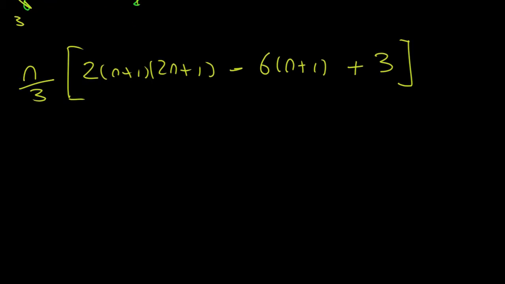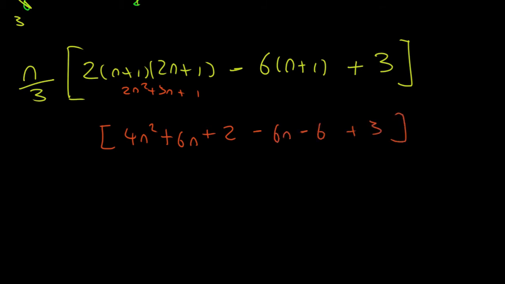So, what's this going to be? Well, we see this is going to be 2n squared plus 3n plus 1. I'm going to expand that out, right? And what I'm going to get is 4n squared plus 6n plus 2 minus 6n minus 6 plus 3. It's n over 3 times all of that.